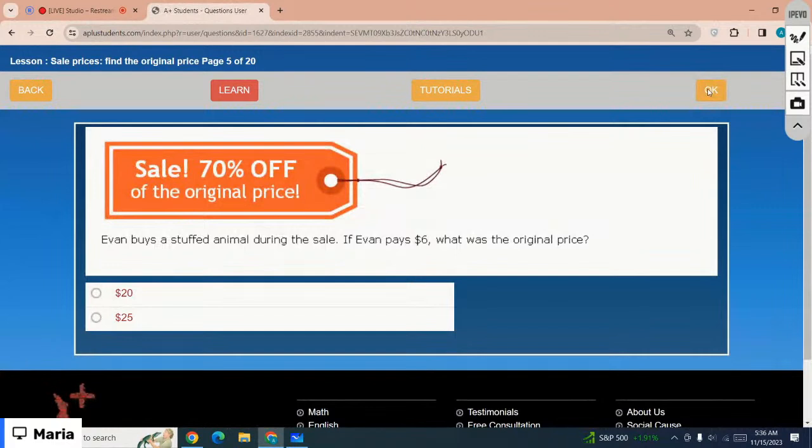The next one is Evan buys a stuffed animal during the sale. If Evan pays $6, what was the original price? So, which is the correct option?